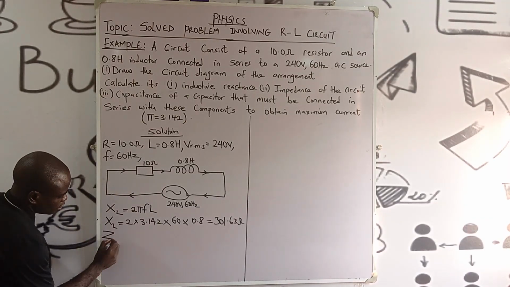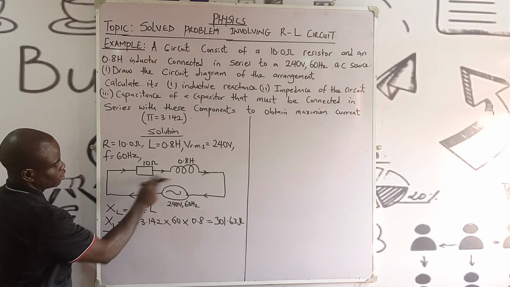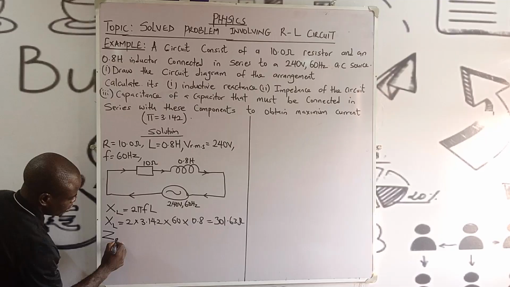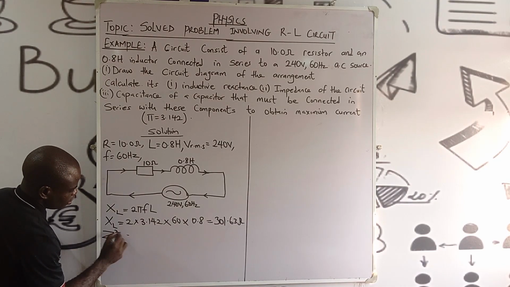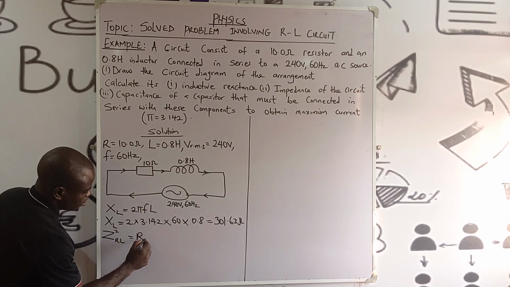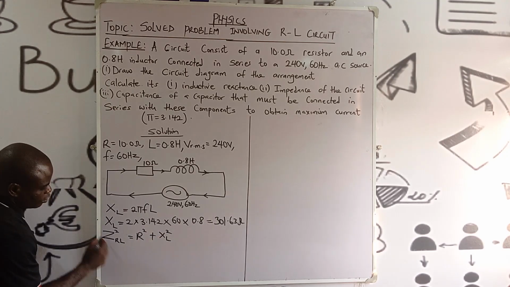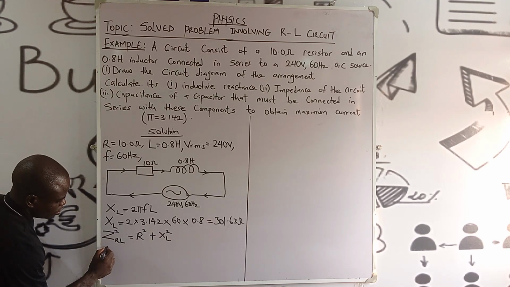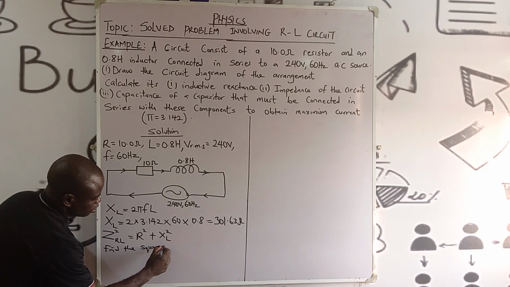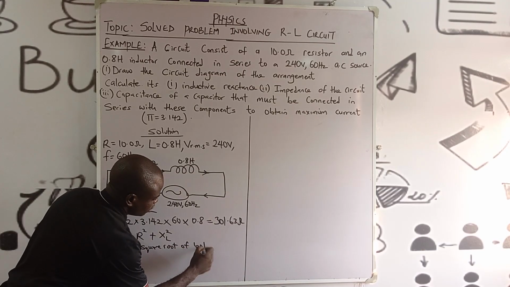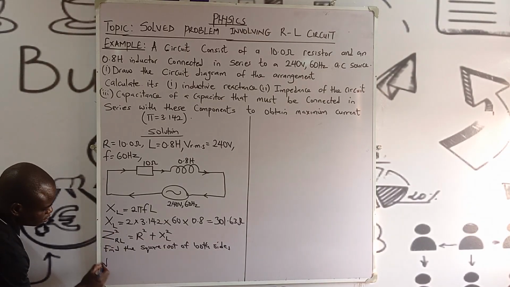The next question is the impedance of the circuit. This is the symbol of impedance, and it involves R and L, the resistance and the inductance. Now ZRL squared equals, don't forget that it's having a square here, R squared plus XL squared. Find the square root of both sides so that the square can cancel out.